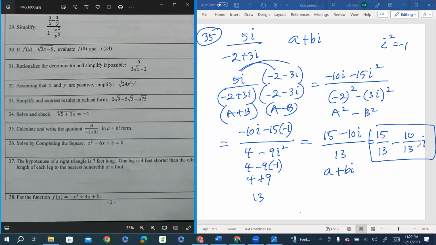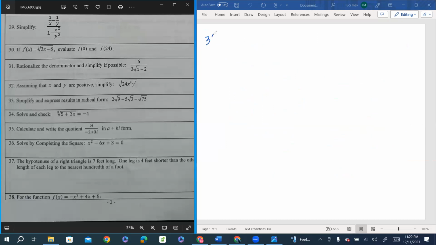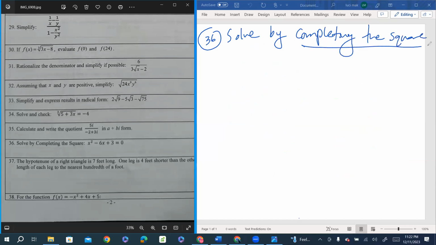Let's look at 36. Okay, so let me erase the board. 36: solve by completing the square. Now, if they ask you to solve by completing the square, do not use the quadratic formula.